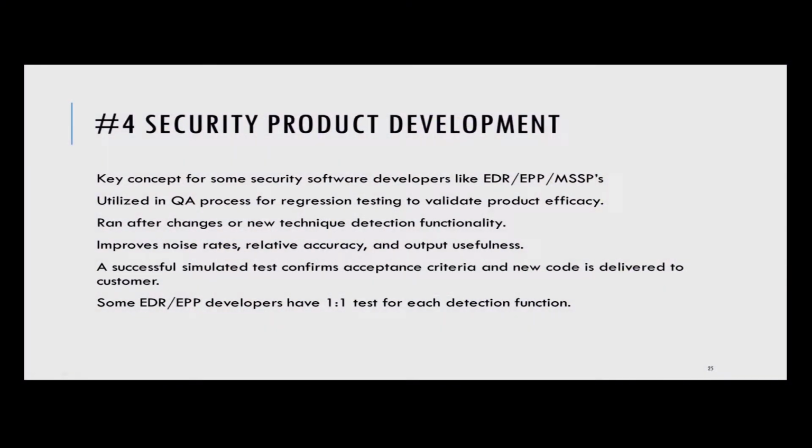All right, the last and final practical use case for these tool sets is security product development. It's a key concept for a lot of security software providers like EDR, EPP, and MSSP vendors. Many of these tools are utilized in their QA processes for regression testing to validate their product actually works. Typically it's inserted within a normal QA process for software development, run after changes or when new technique detection functionality is added.